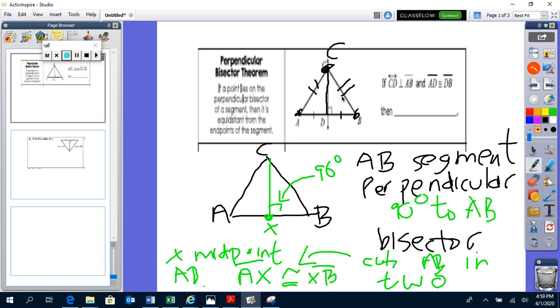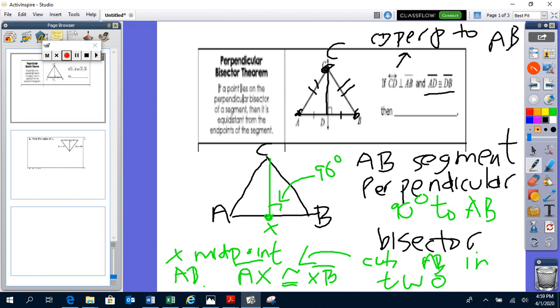So putting that in mathematical language, let's look at what we have over here. What this tells us is that CD is perpendicular to AB. And the length of AD is the same as the length of DB.